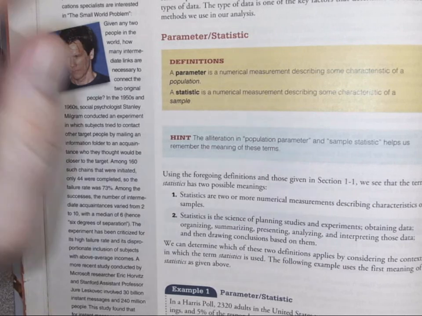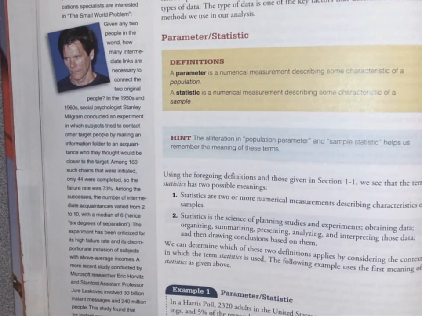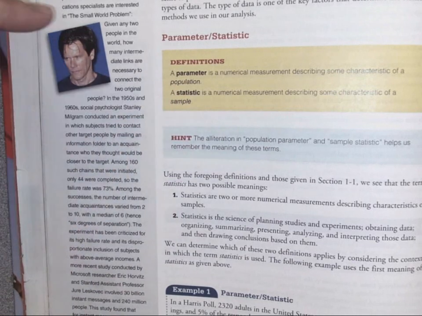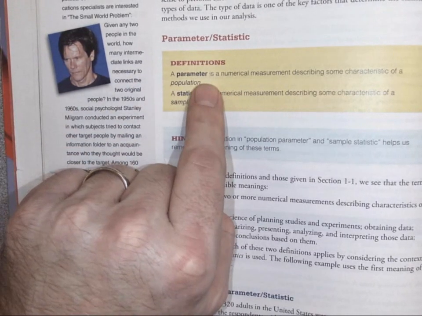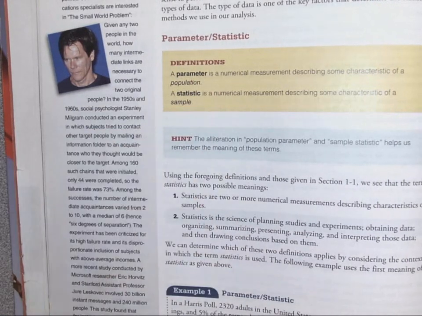The measurements from the sample are called the statistic, and we're going to take those measurements, assuming that our sample is representative of the population, and use those measurements to estimate measurements from the population.